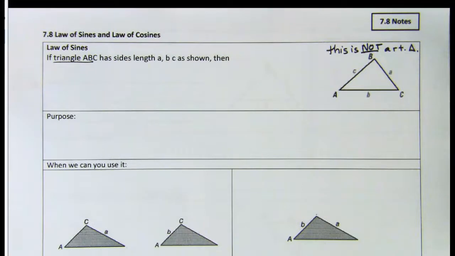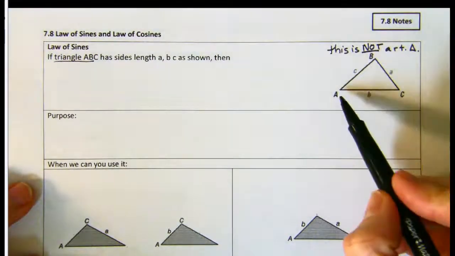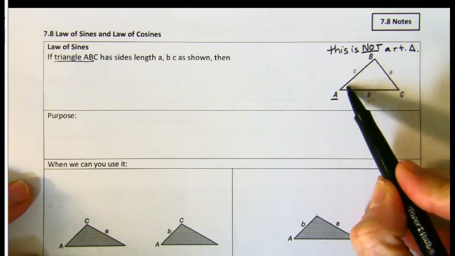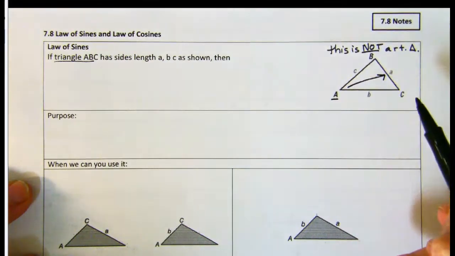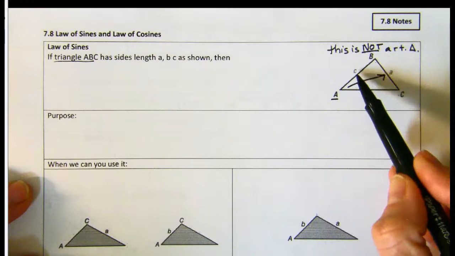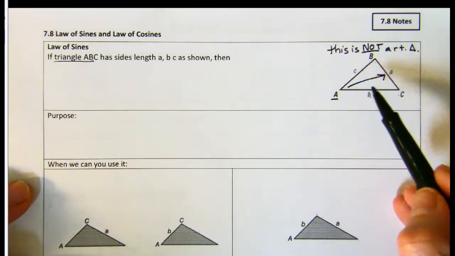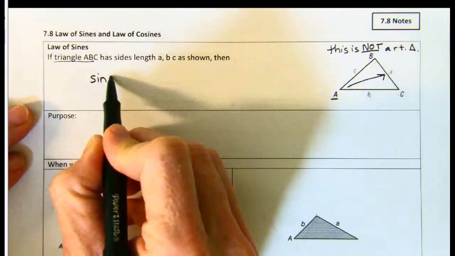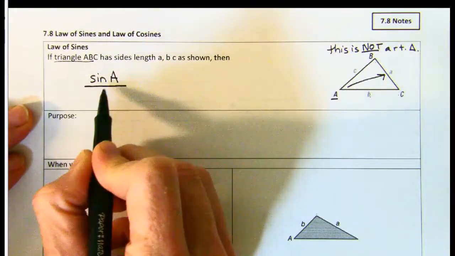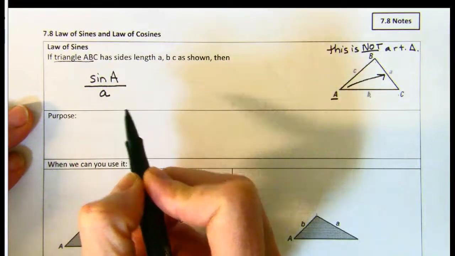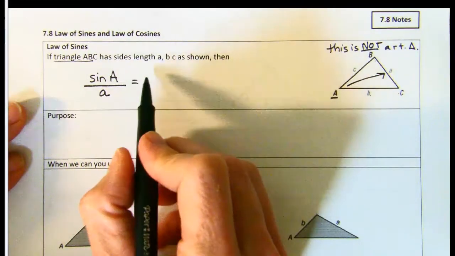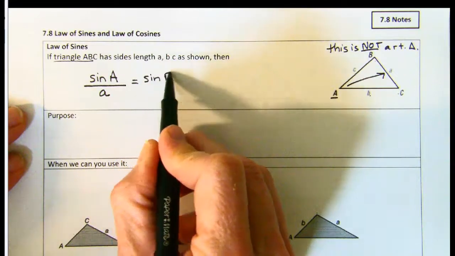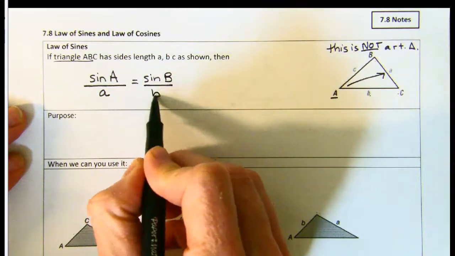This is extremely helpful because not all triangles are right triangles. So we have something called the law of sines. Now it's going to look scary and complicated, but it's actually very easy. I need you to see that this is an uppercase A and opposite is a lowercase a. Same thing with B and C. So this deals with ratios. Sine of angle A is proportionate to lowercase a, that is proportionate to sine of angle B over lowercase b.